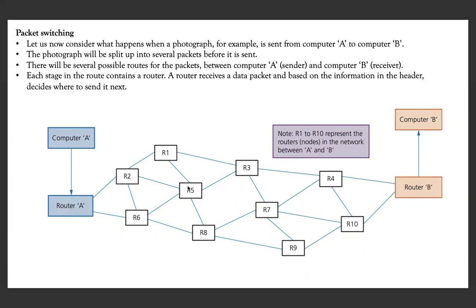Now from here, which is the best possible path? Maybe I will choose this, maybe I will choose this. Whatever is the best possible path, this router will forward that packet to that router. And this router does the same thing. Every router that's receiving packets will do the same thing, and eventually that packet will reach its destination using the best possible path.